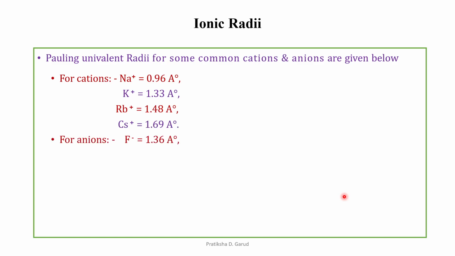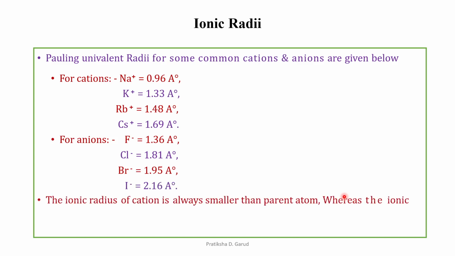Then for anions, F minus is 1.36 angstrom, Cl minus 1.81 angstrom, Br minus 1.95 angstrom, I minus 2.16 angstrom, etc. From these figures we can say that the ionic radius of a cation is always smaller than the parent atom, whereas the ionic radius of an anion is always greater than the parent atom.